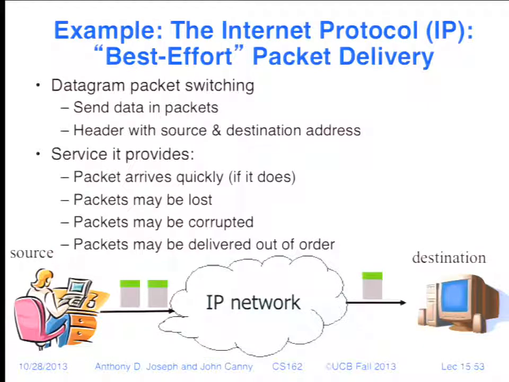Each packet contains some amount of data and a header that specifies the information about where the source is, where it should be going, something about the content. And it provides only the weakest kind of service. The packet mostly arrives quickly, but there's no guarantee that it arrives at all. A lot of guarantees are not provided, such as packets might be lost, they might be corrupted, or they might be delivered out of order.